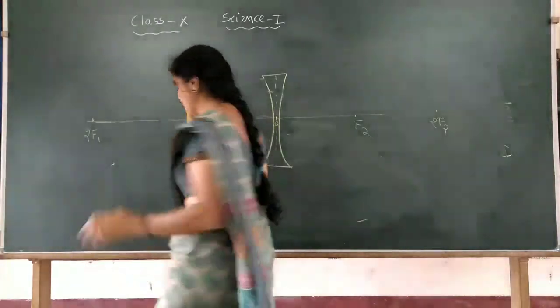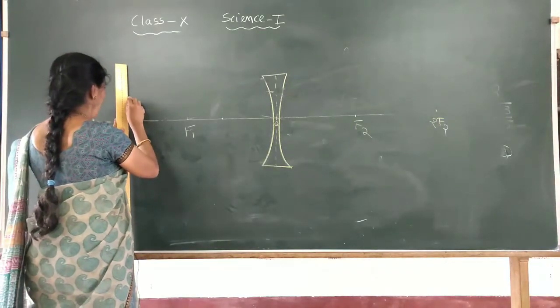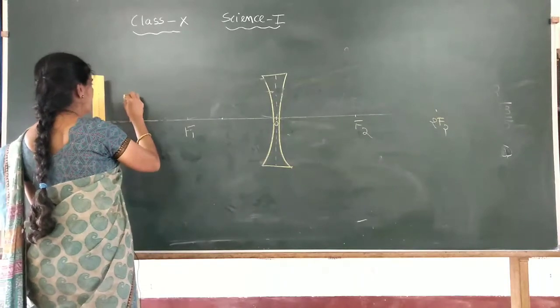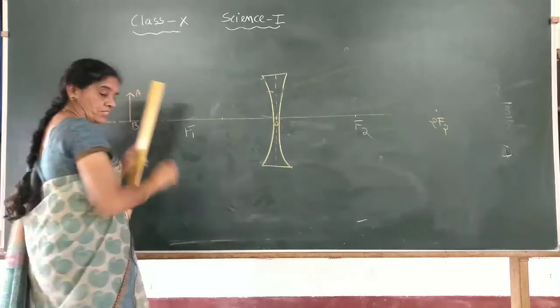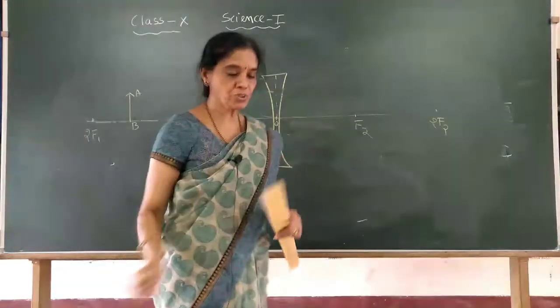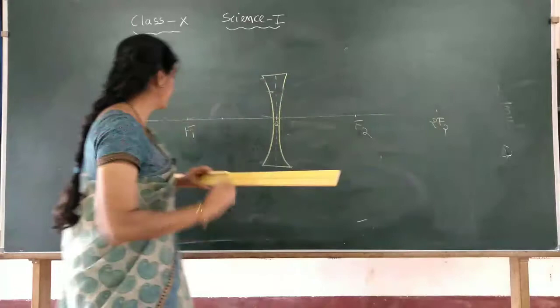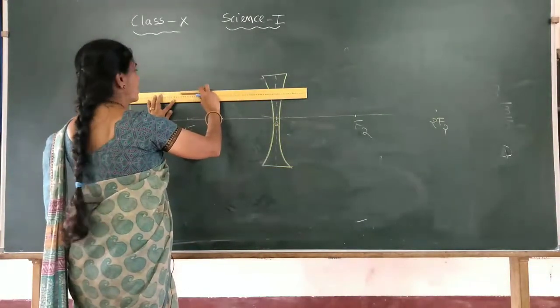So what we will do is, I will draw one diagram here. Say this is the object, which I will take between F and C. AB is the object. Now we have to draw two rays. One ray is parallel to the principal axis.